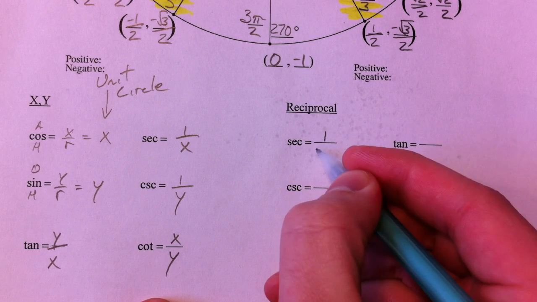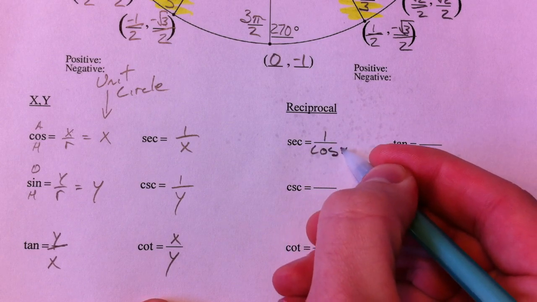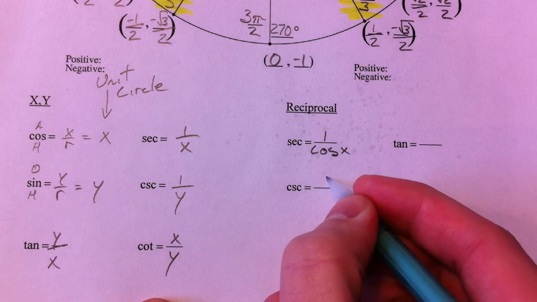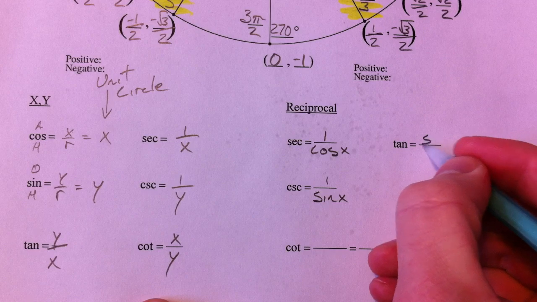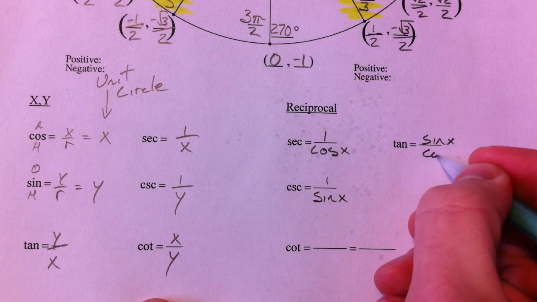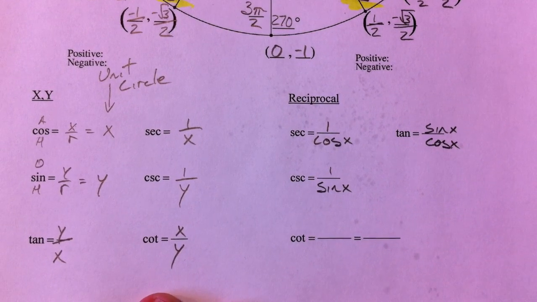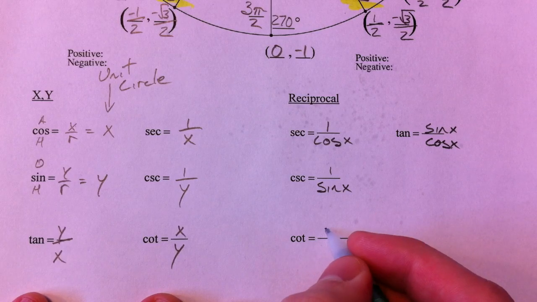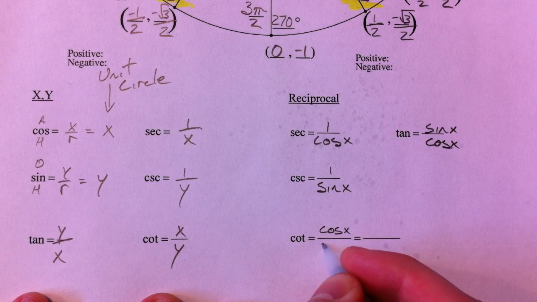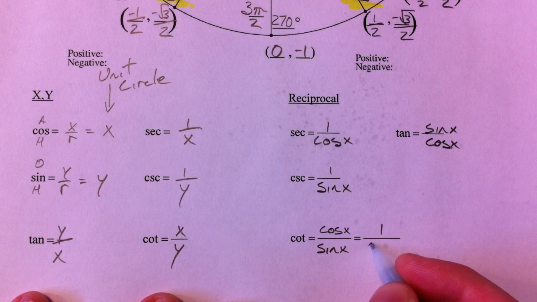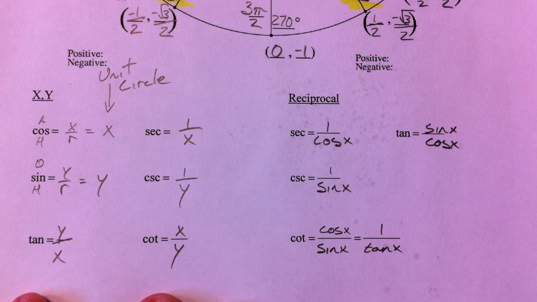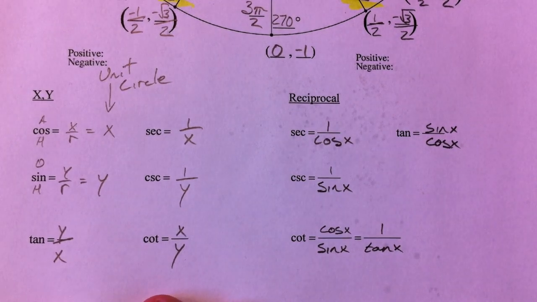Again, reciprocal of the cosine, reciprocal of the sine. Tangent is the sine over the cosine, if you want to think of it as that. We talked about that. Cotangent is the cosine over the sine, or 1 over the tangent. And there you have it.